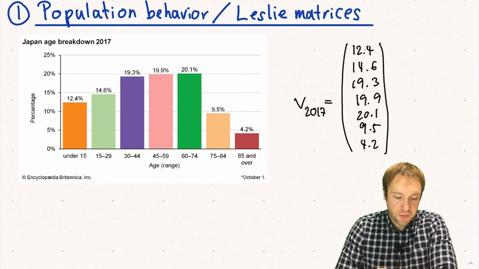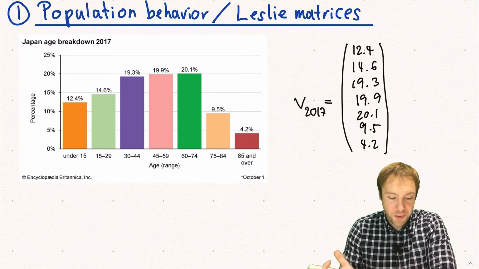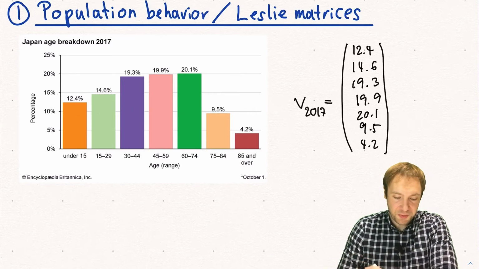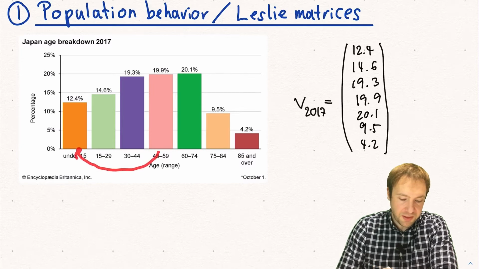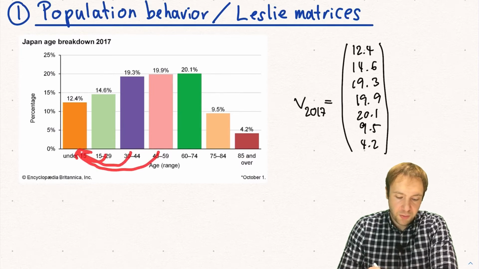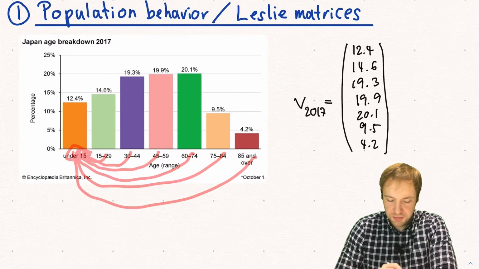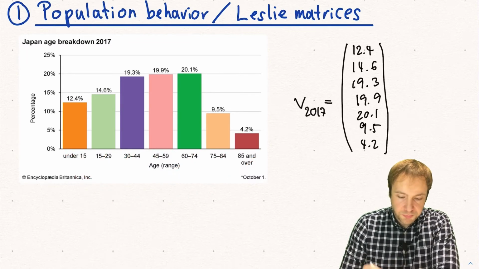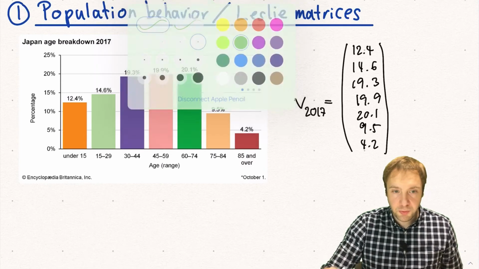And we also need to know for each of these age groups how many of them create new people. So we need to have some fertility rate for each of these age groups. We need some factor for how active they are in bed.